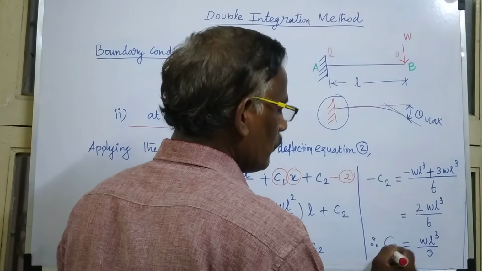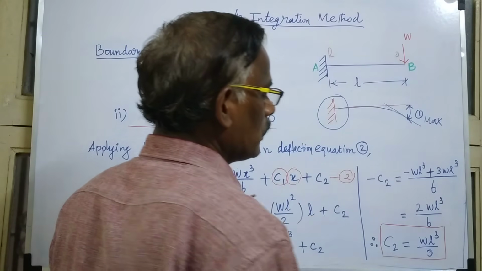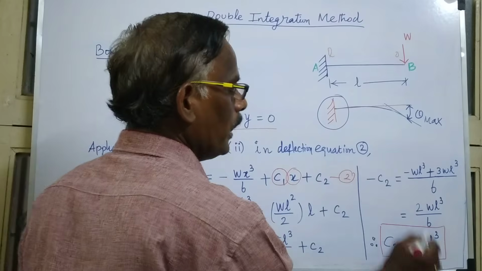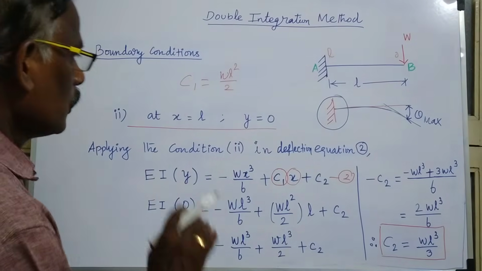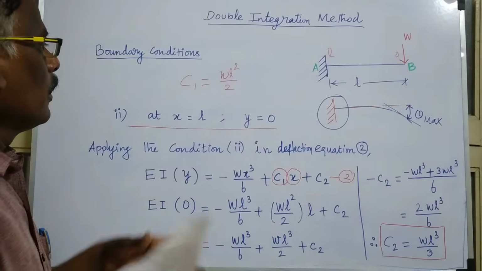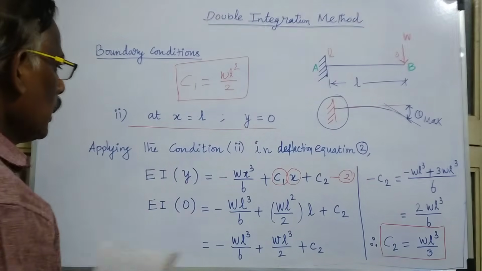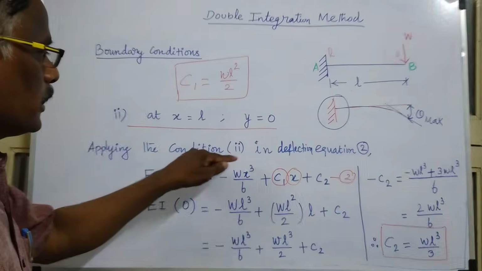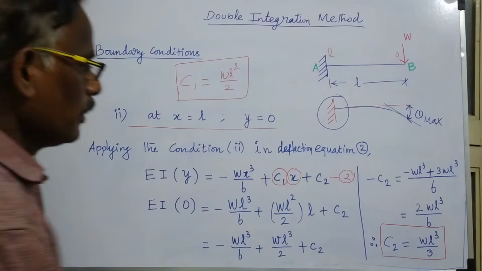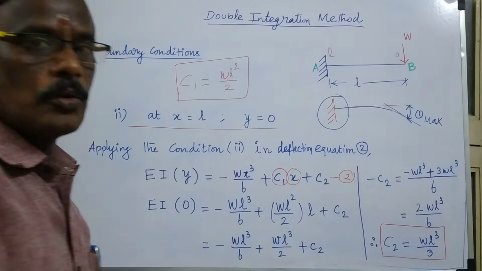Again we simplify, we will get the value of C2. What is that C2? wL cube by 3. Could you understand this one? So applying the boundary condition 1, we got this C1 value. Again applying the condition 2 in the deflection equation, we get the constant term C2 value, right?